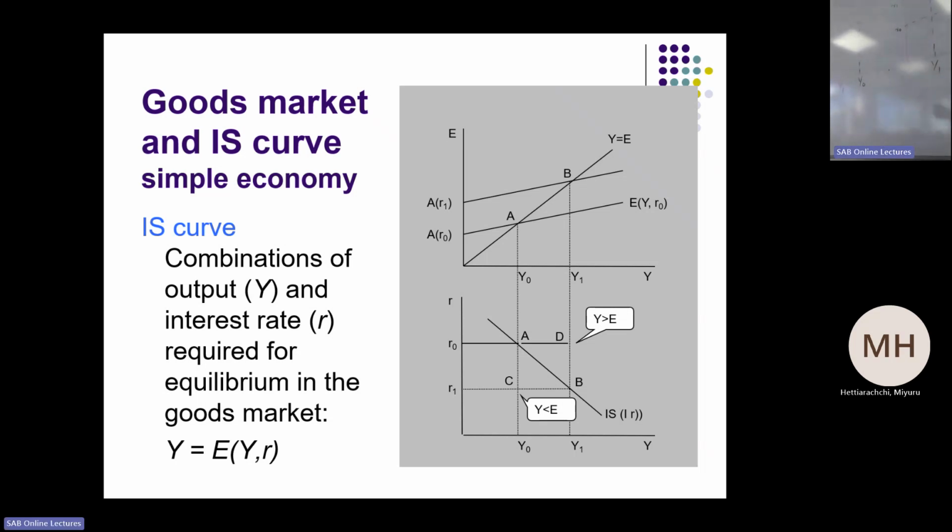Here this is I, investment and the savings. So this is Y, and this is R and I, because here savings is related with the income.